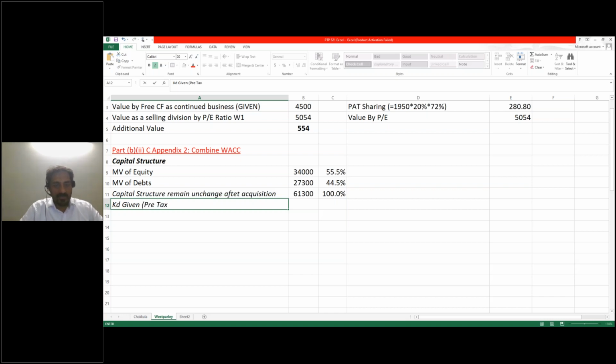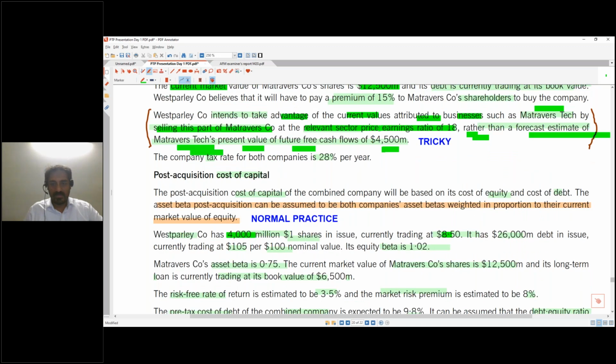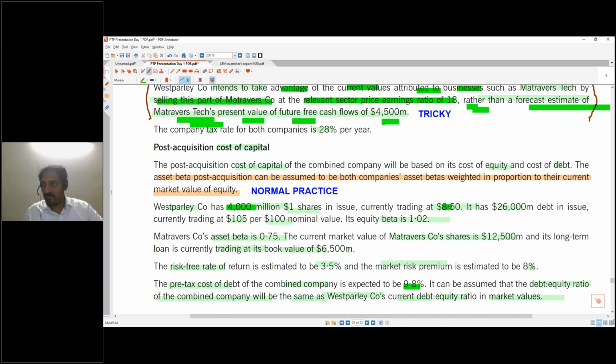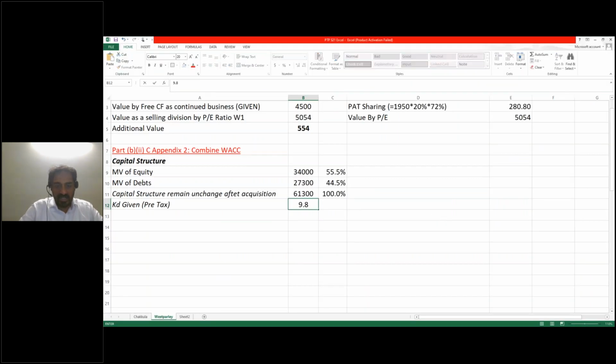How much is the KD? Can you please reply with the KD? The KD is 9.8%. The pre-tax cost of debt of the combined company is 9.8%. That's simple.